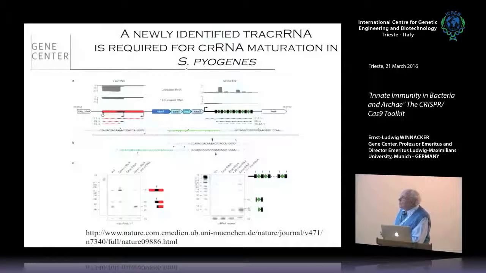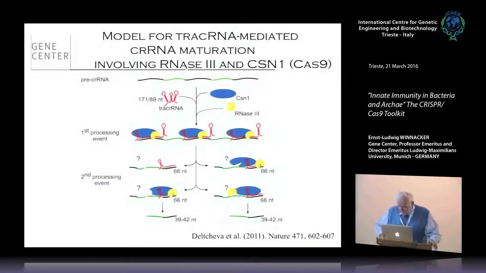And here are just the experiments which show that this is processed from a bigger precursor to smaller precursors. So the type 2 system, to come back, requires two small RNAs, not just one, but two. And they are dependent on each other.